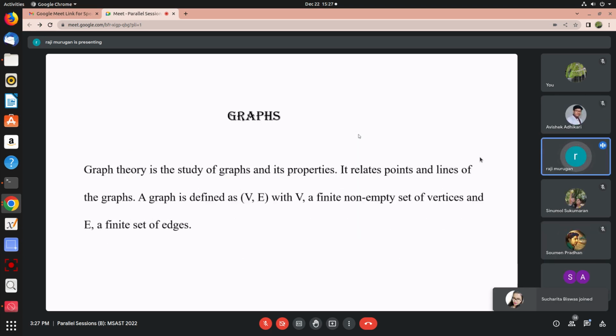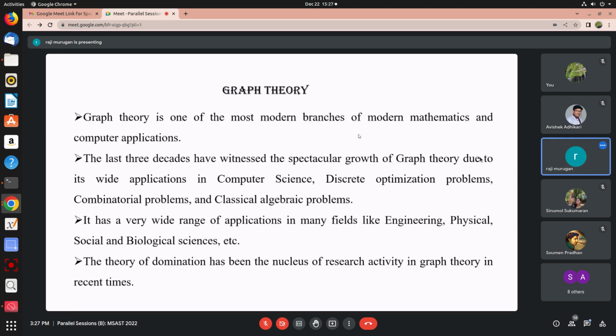Graph theory is the study of graphs and their properties. It relates points and lines of the graph. A graph is defined as the set (V, E), with V a finite non-empty set of vertices and E a finite set of edges. Graph theory is one of the most modern branches of mathematics and computer applications.